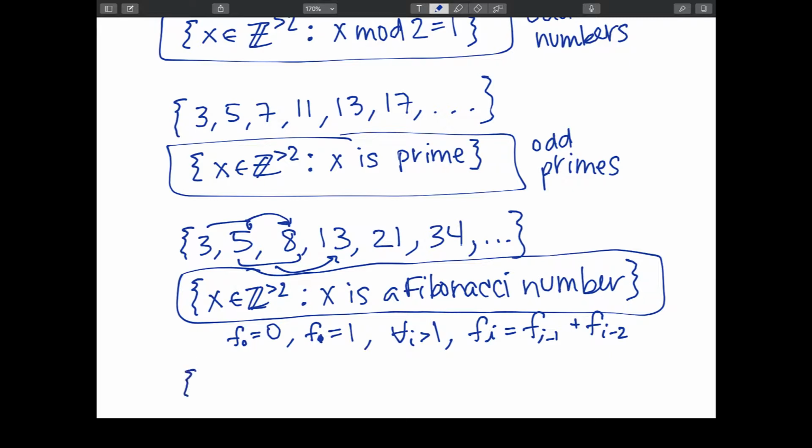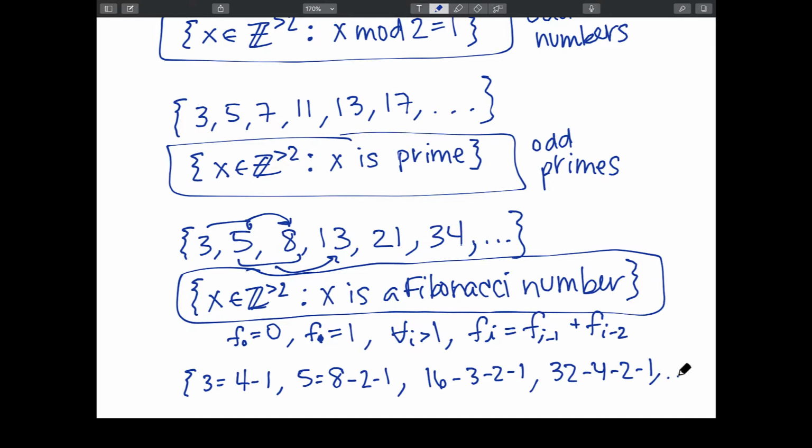So you could think of 3 as 4 minus 1, and 5 as 8 minus 2 minus 1. So the next number in that set could be 16 minus 3 minus 2 minus 1. And the next number could be times 2, so 32 minus 4 minus 2 minus 1. Keep going.